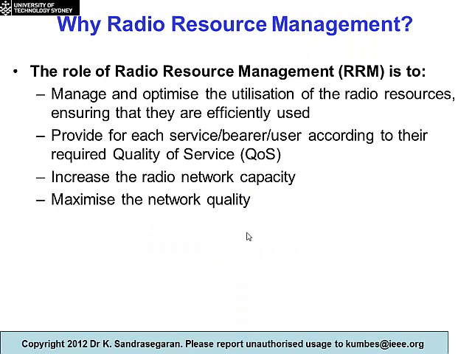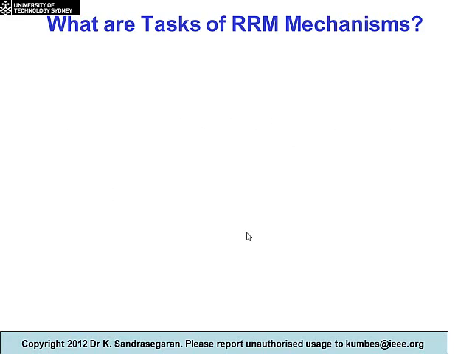So in summary, why do we need radio resource management? Radio resource management is needed to essentially manage and optimize the utilization of the radio resource units, and to ensure that each service or each bearer or each user is provided the relevant quality of service that they've subscribed for, and try and increase the network capacity as much as possible.